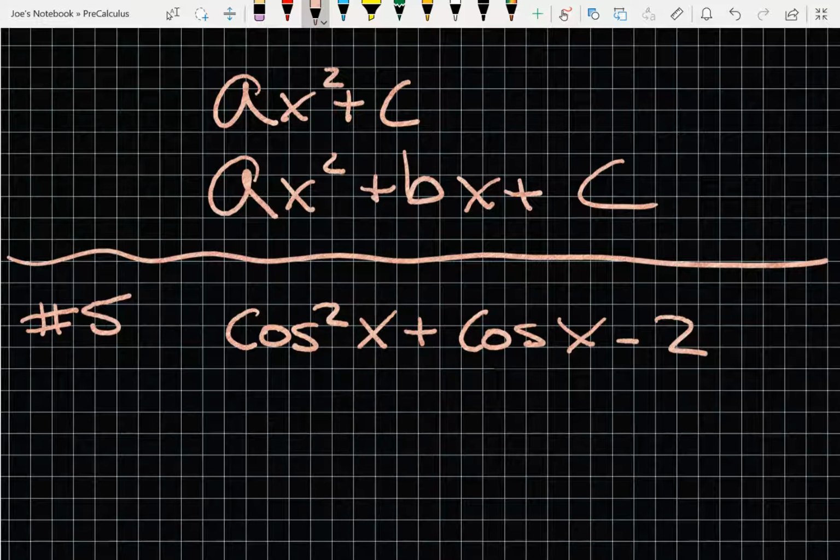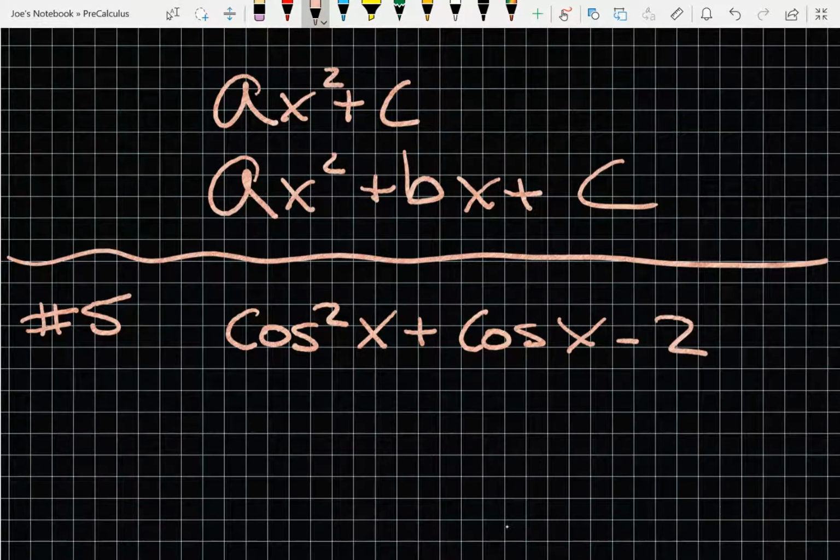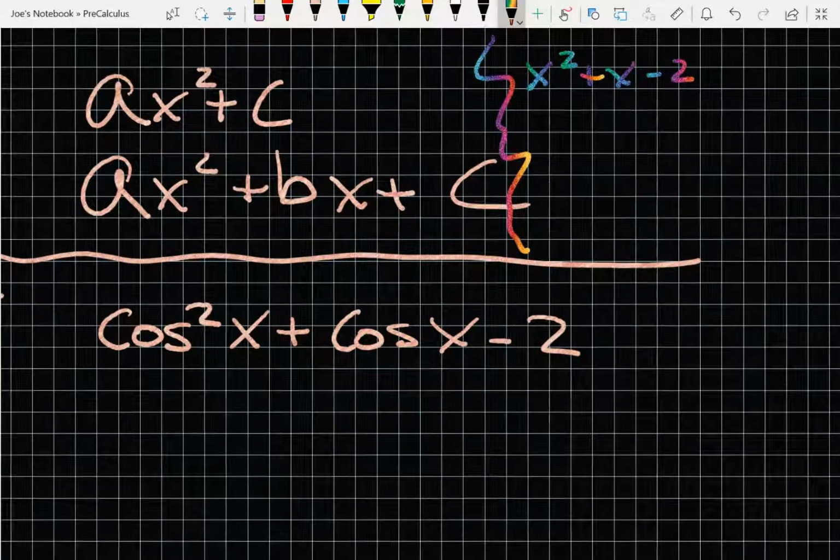It's exactly like x squared plus x, the same thing we were thinking about. That would be the same as x squared plus x minus 2. Everyone in here will be very happy to factor that down. What multiplies to negative 2?